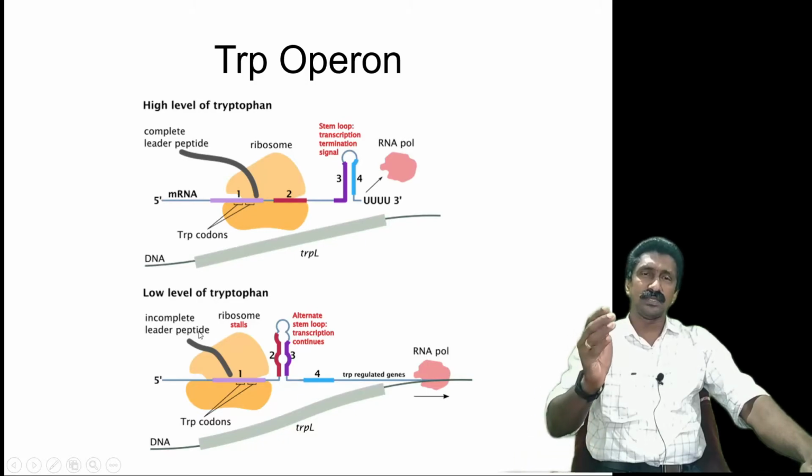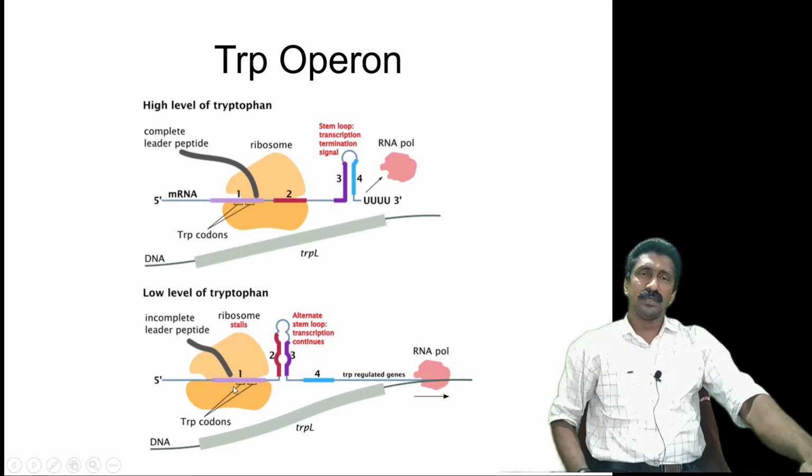you can see that the leader peptide synthesis will not be completed because of the shortage of two tryptophan molecules here. So in the scarcity of tryptophan, the polypeptide cannot be extended by incorporating the tryptophan molecules at this point.